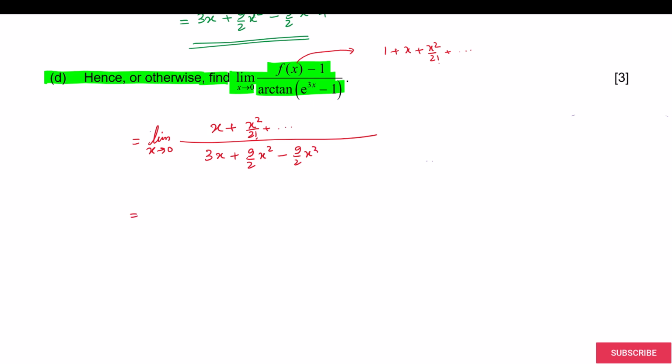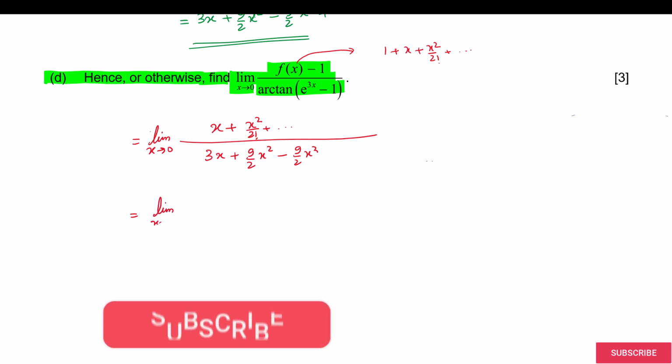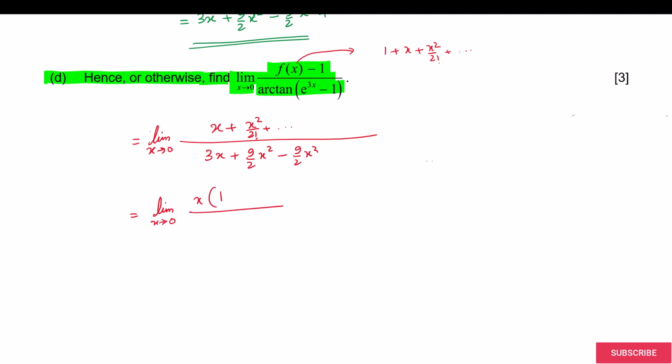So if we plug the value of x as 0 here, it will be 0 over 0. So it's better to factor out x from the numerator and denominator both. So we're left with limit x tends to 0. Factoring out x, it is 1 plus x over 2 factorial and so on. And in the denominator, we can take 3x in place of x, but that's fine, we'll factor out just x.